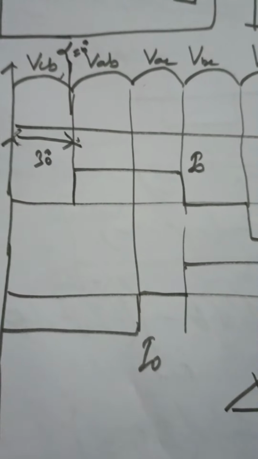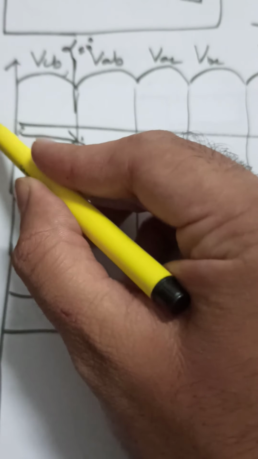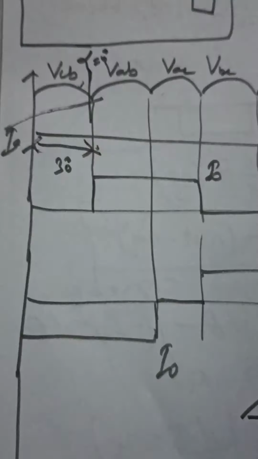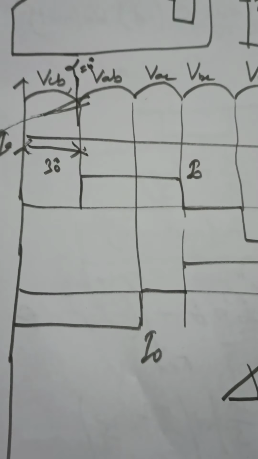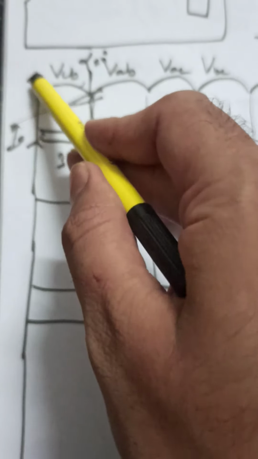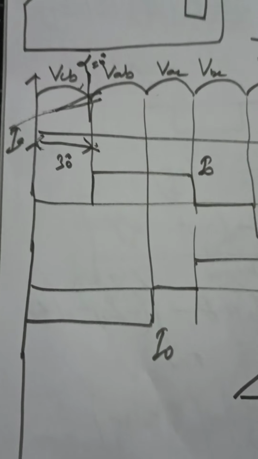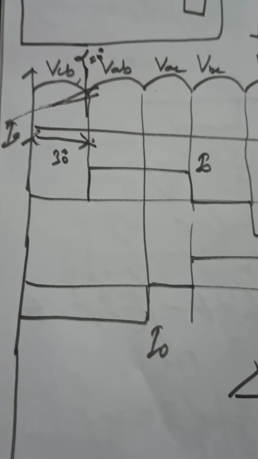Are you getting it, what I'm telling you? Yes. Okay, so something like this. I think it is clear now. This part is quite clear. Until it is fired, VCB will be occurring across as the output voltage. Now this is for alpha equals 0.